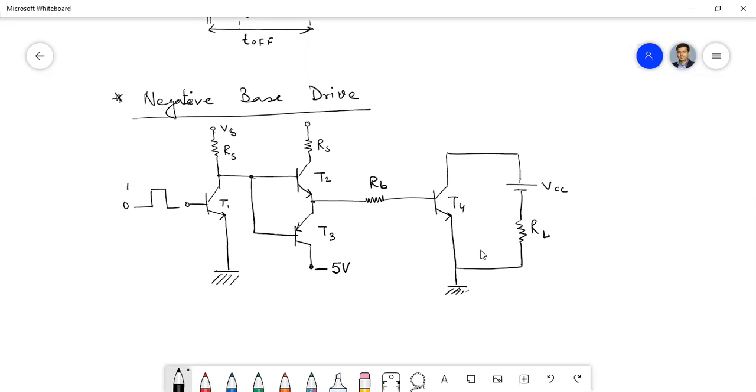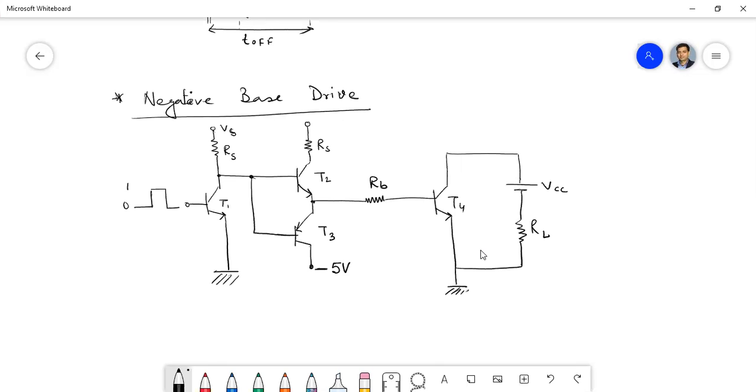Do you have any answer for this? So that means when going from logic low to logic high, then the T3 transistor will help. Can you explain this?